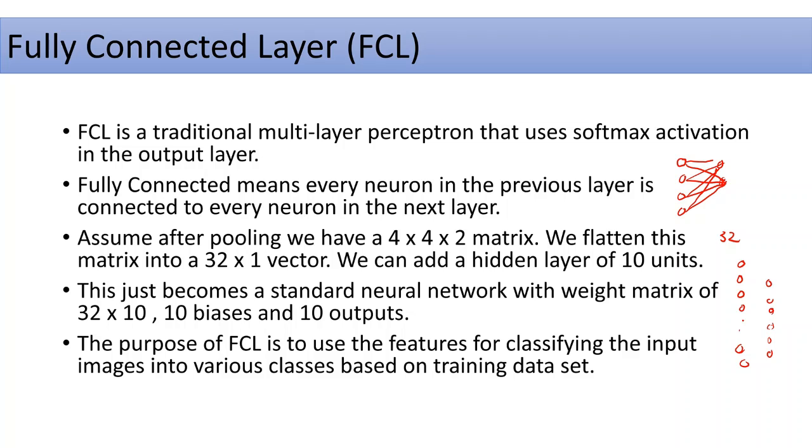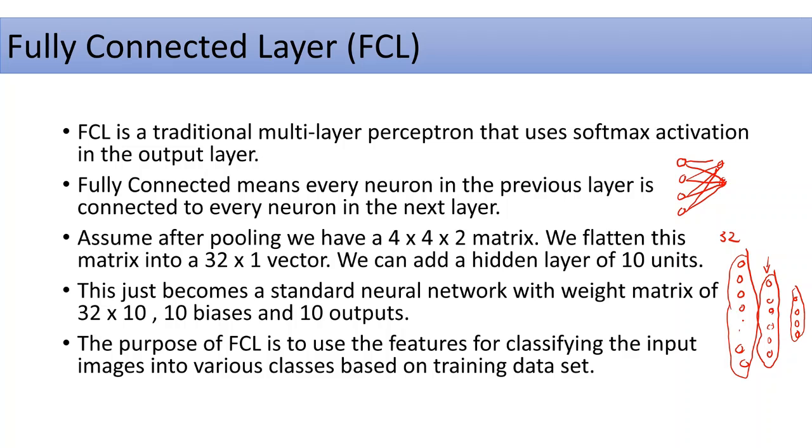And suppose we have 3 or 4 outputs; in our example we will have 4 outputs. So a fully connected layer will connect all the neurons in this layer to all the neurons in this layer, and then all the neurons from the hidden layer will be connected to all the neurons in the output layer. The output layer will give us the probability of the input image lying in each class.